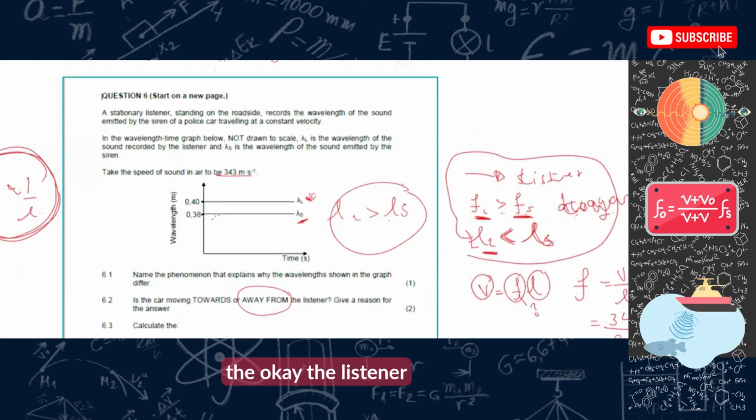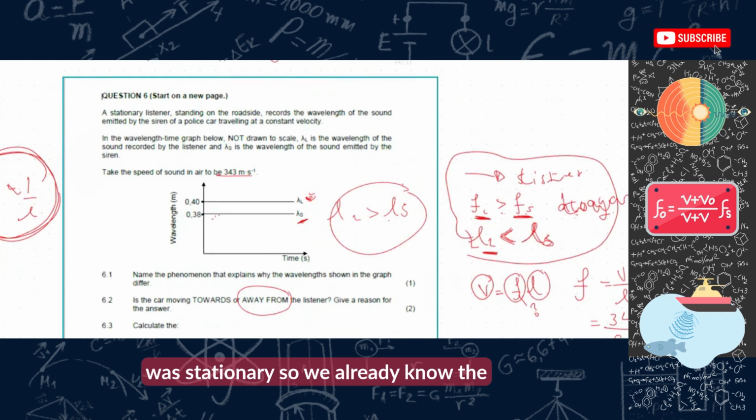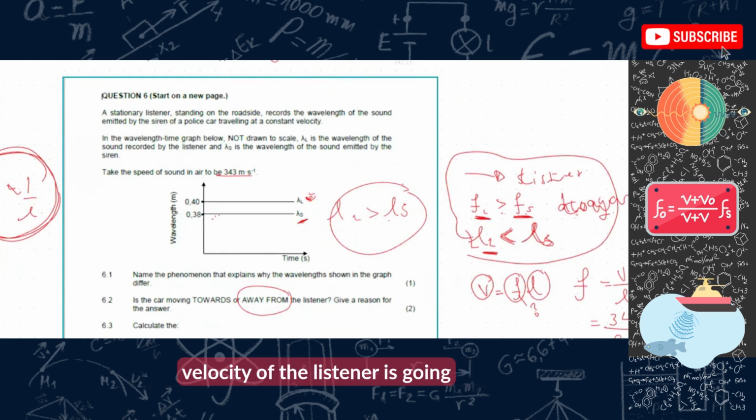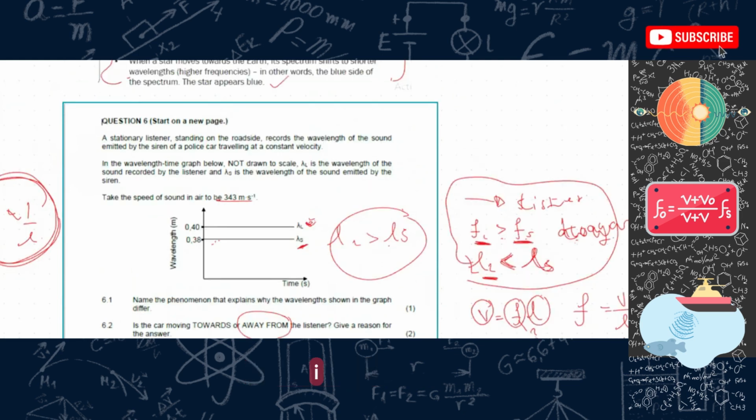The listener was stationary, so the velocity of the listener is 0.